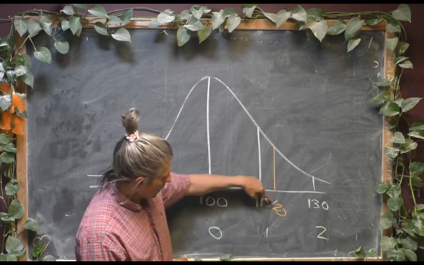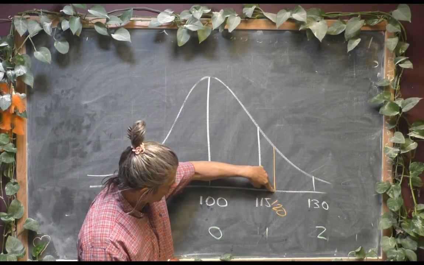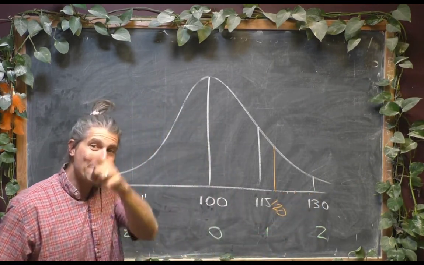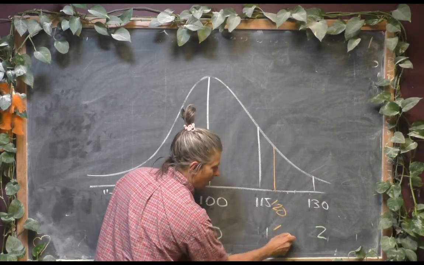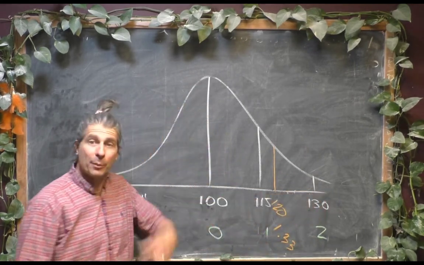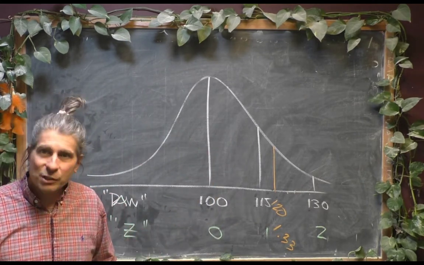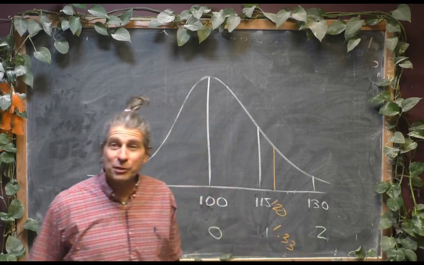Well, think about it. 120 is 5 past 115. That's a third of the way to the next standard deviation, isn't it? So that means the z-score here is going to be 1.33333 repeating. 4/3 if you like a fraction instead. So we have our 2 z-scores. One of them is 1.33 standard deviations, and one of them is 2 standard deviations.